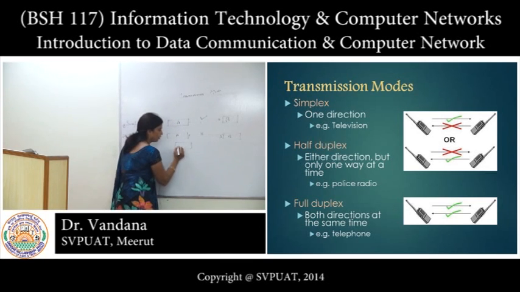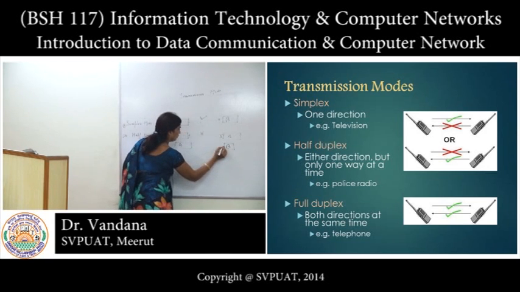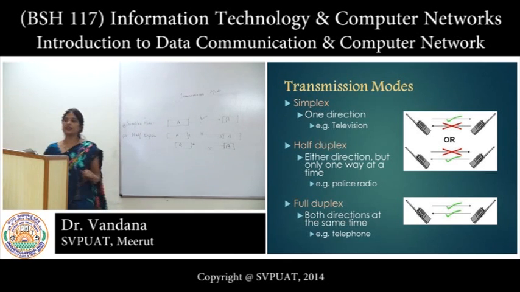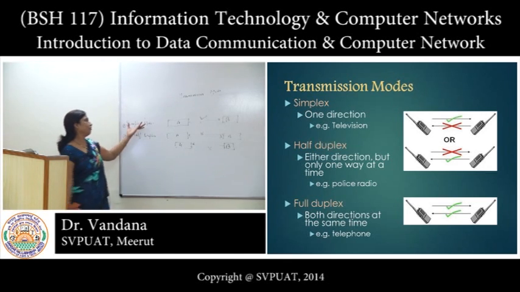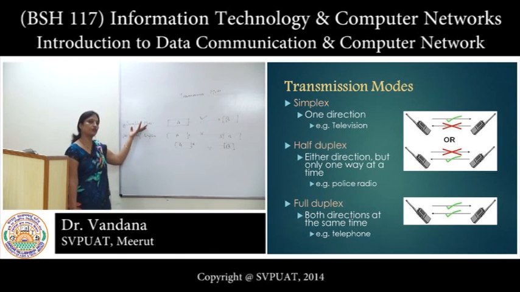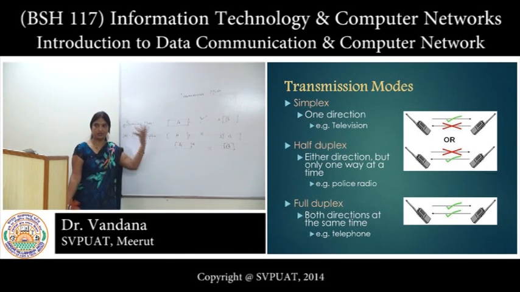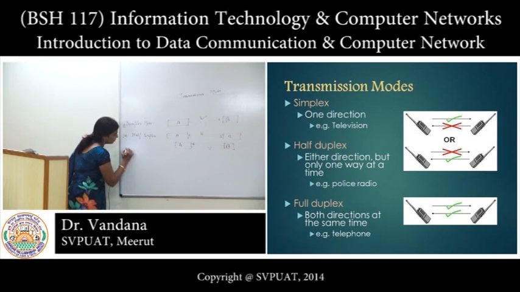If B is sending some information to A, that means A will not send. So at a time only one transmission is possible. Examples for this could be police radio or walkie-talkie. Whereas in simplex mode, an example could be television broadcasting, right? Third is full duplex.